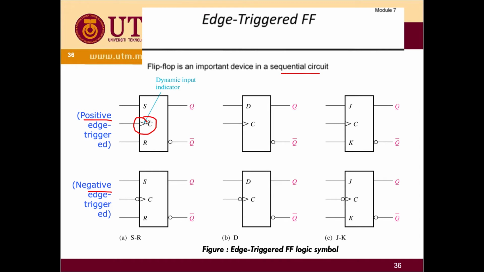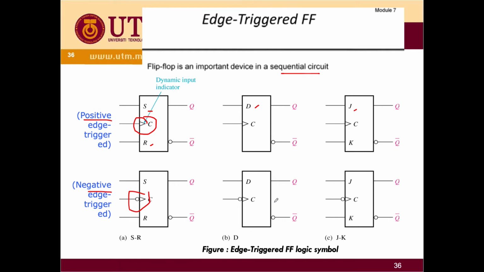Now this is the symbol for your clock, and this one is positive edge and this one is negative edge trigger flip-flop. Over here you can see several examples: the SR flip-flop, the D flip-flop, and the JK flip-flop.